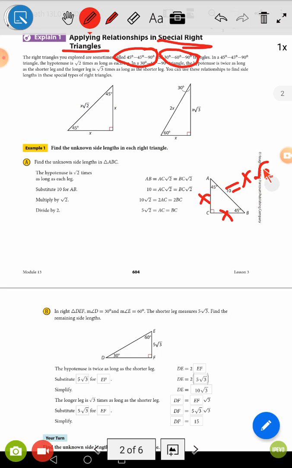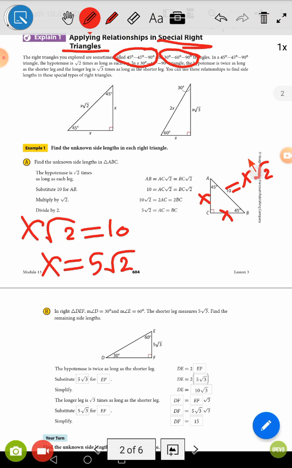From here I can find the value of x. Make an equation, divided by root 2. So that side AB, AC equals BC, both equal to 5 root 2. Okay.